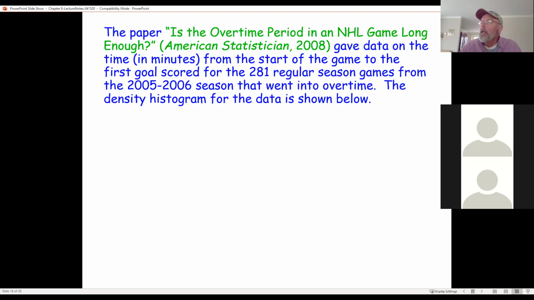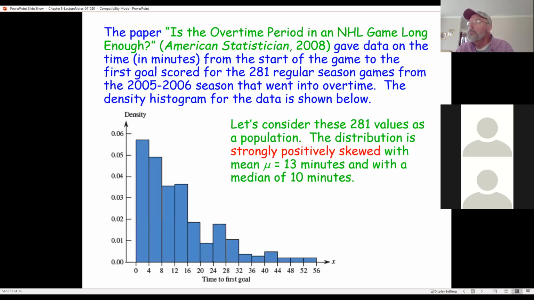So we have a population of 281 games, and it's the time of the first goal. Here is the distribution, and here is the x-axis, the time in minutes to the first goal.